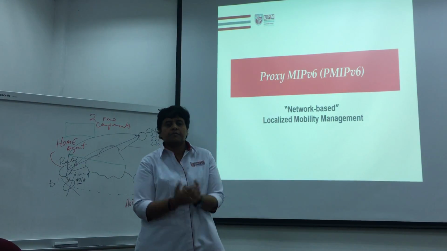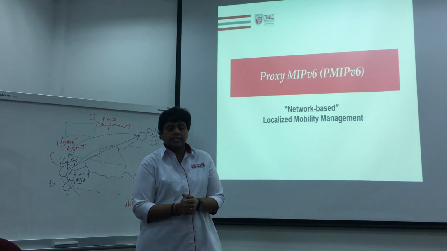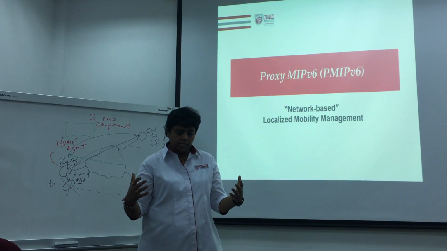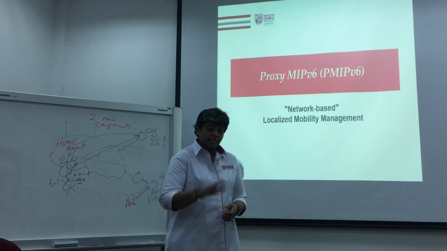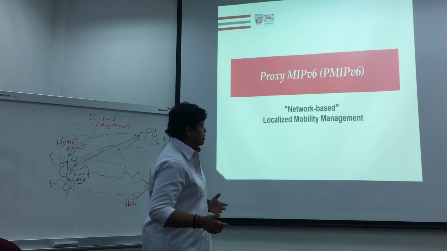We want to optimize its ability to function, and we want it to also facilitate in a manner which is optimized of all its computing resources, energy and so on and so forth.